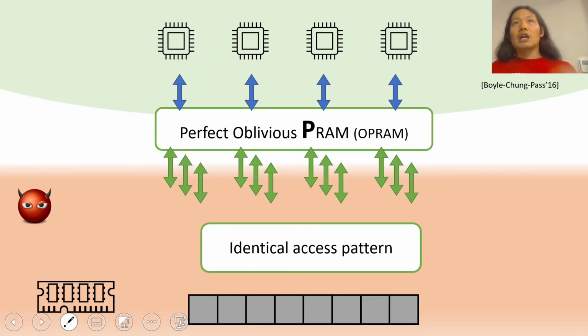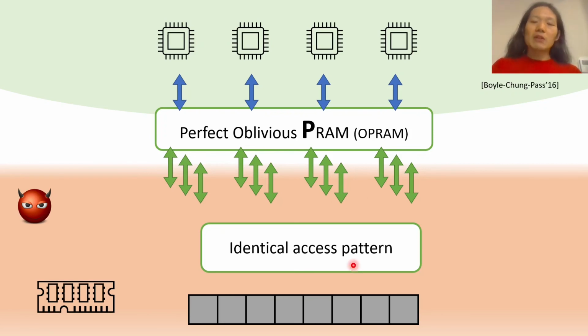So far, I have talked only about the standard sequential version of random access machine, and PRAM or parallel RAM is a standard or natural extension of RAM, and Oblivious PRAM is the natural extension of Oblivious RAM. It takes as input a concurrent sequence of logical accesses, and then it accesses the physical memory using a physical access pattern concurrently.